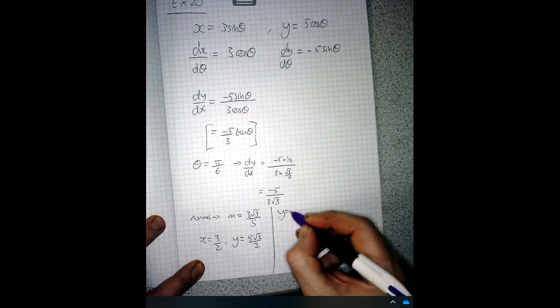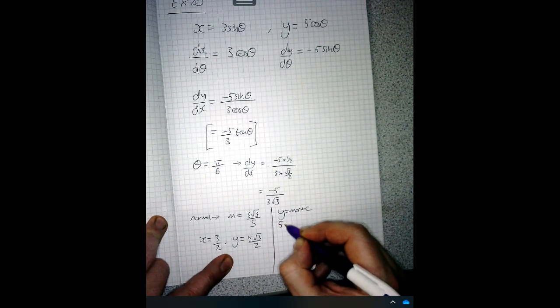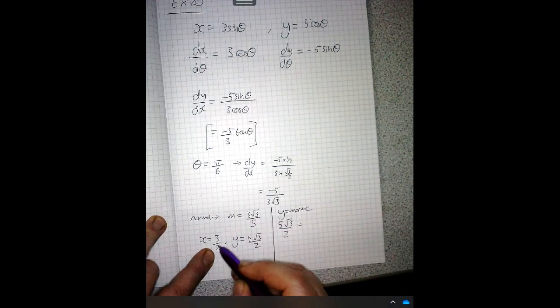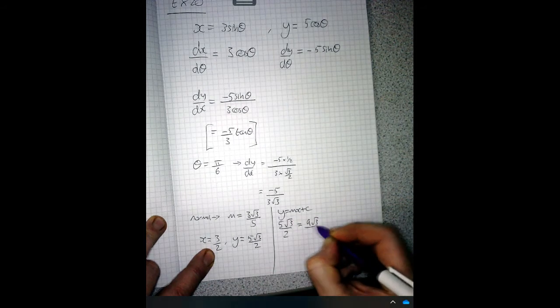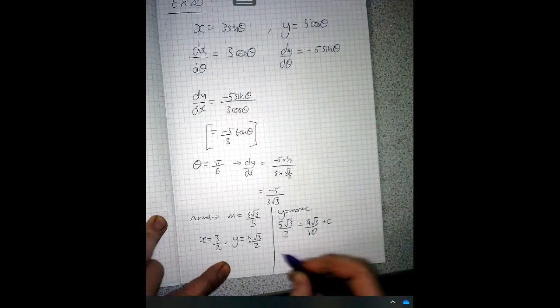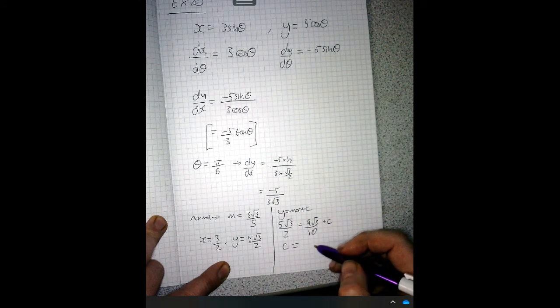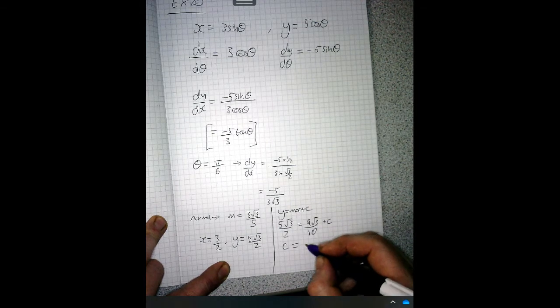Y equals mx plus c gives me 5 root 3 over 2 equals 9 root 3 over 10 plus c. And c equals, what does c equal? I think c equals 8 root 3 over 5.